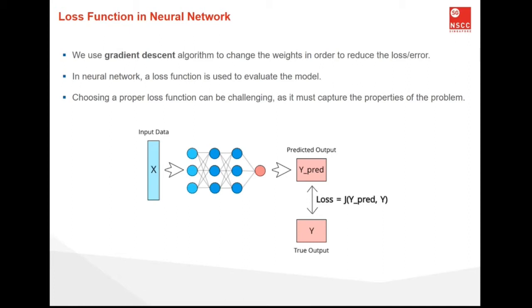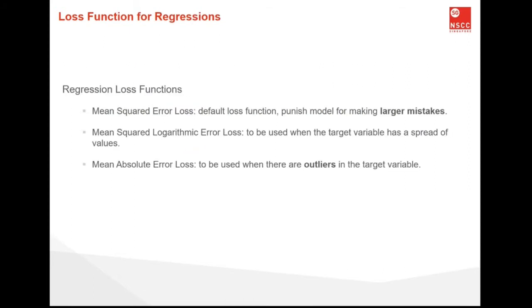Now that we are familiar with the loss function and loss, we need to know what functions to use. For different problems, we will have different loss functions. A regression predictive modeling problem involves predicting a real value quantity.